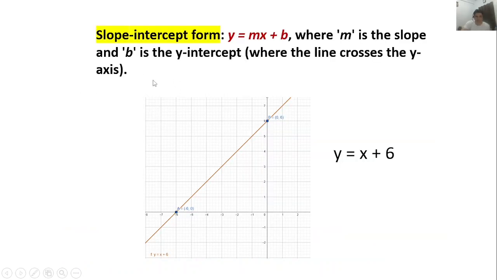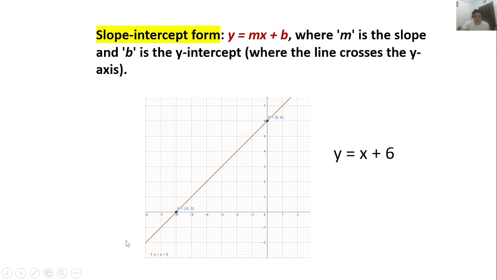Second, slope-intercept form. y equals mx plus b, where m is the slope and b is the y-intercept, where the line crosses the y-axis. The example, y equals x plus 6.